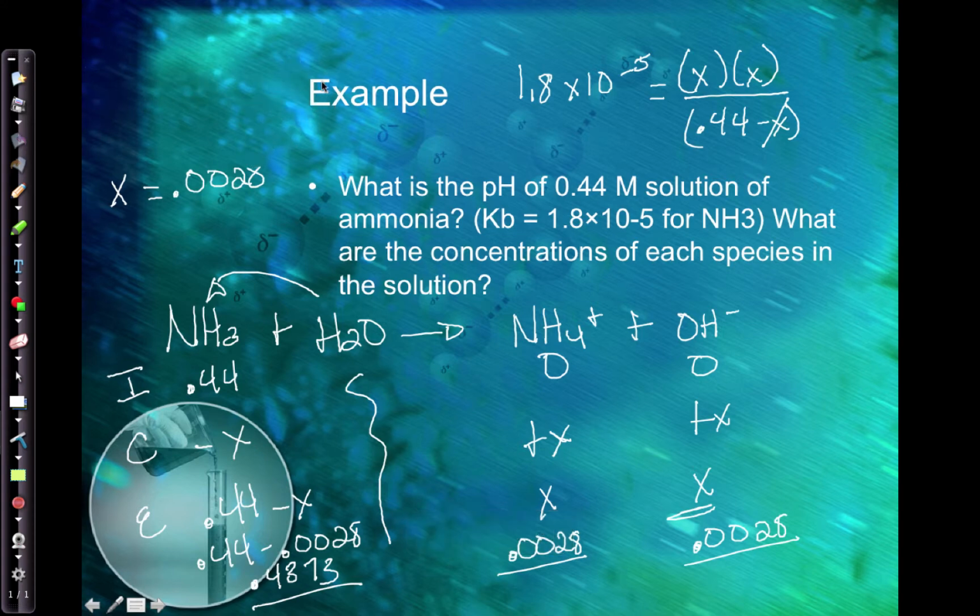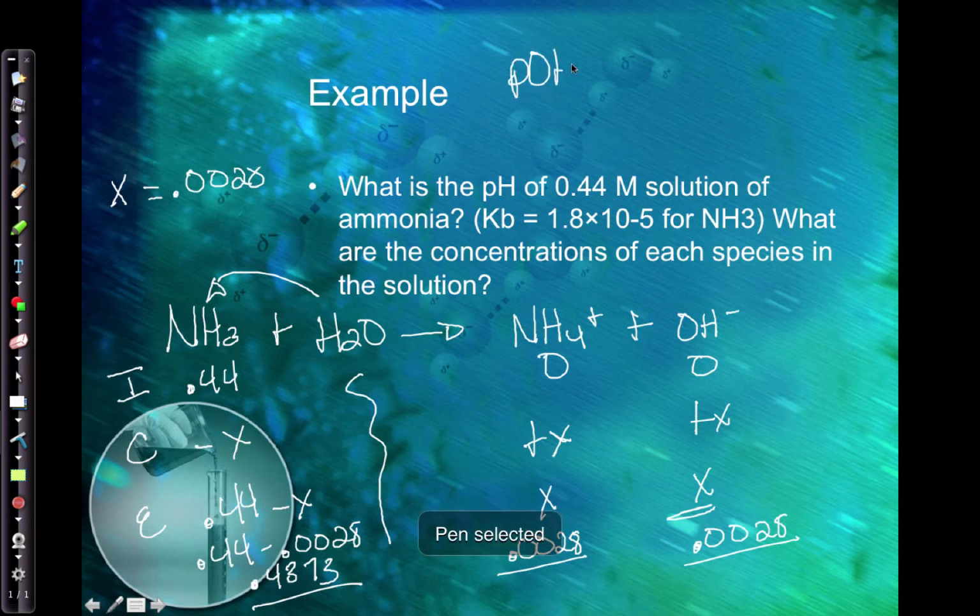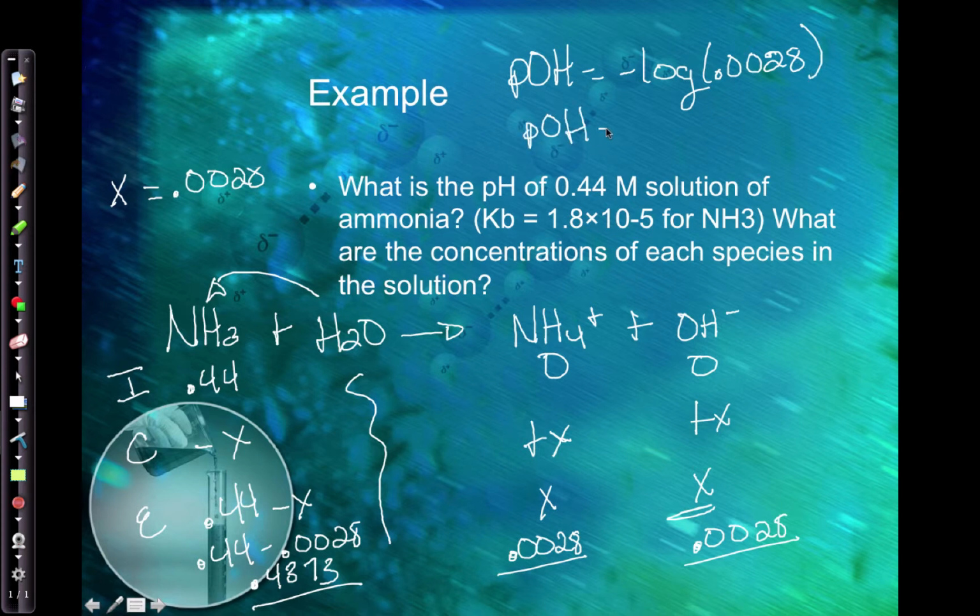So I know the hydroxide concentration. I can solve for the pOH first. pOH is equal to the negative log of the concentration of hydroxide. So when I solve for that, I am going to get 2.55.